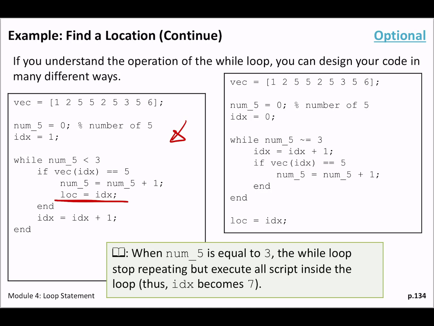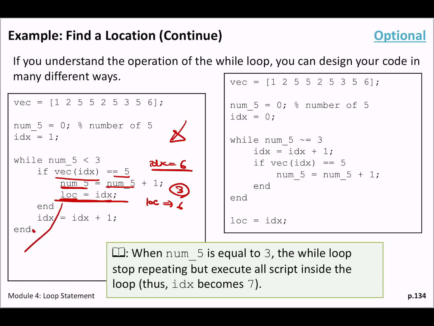So imagine it's the same process, but imagine that idx here becomes 6, and then the value is a 5, right? The condition statement is true. num5 becomes 3, and then location becomes 6, and then go here.